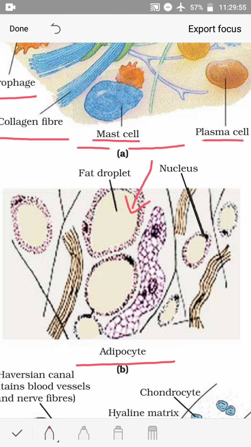See the cell, this is the nucleus, whereas most part of it is covered with a fat globule, so it stores fat. In adipose tissue, these are the fibers in which these cells are present.